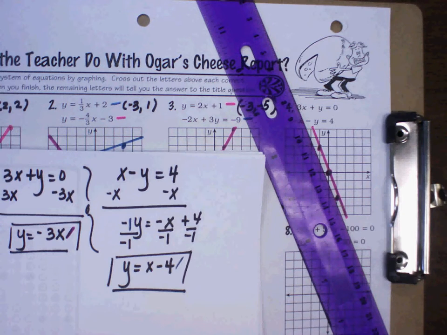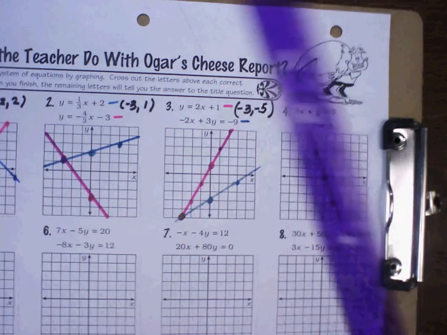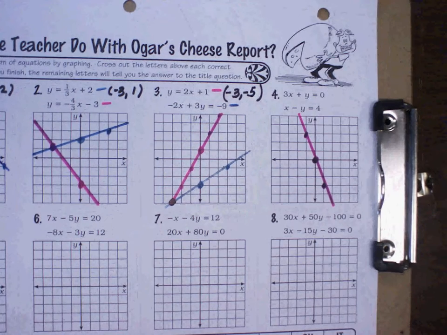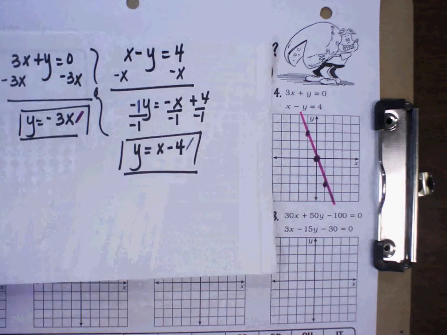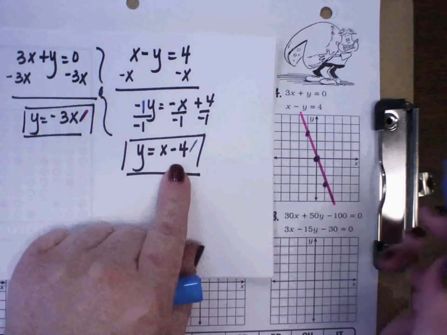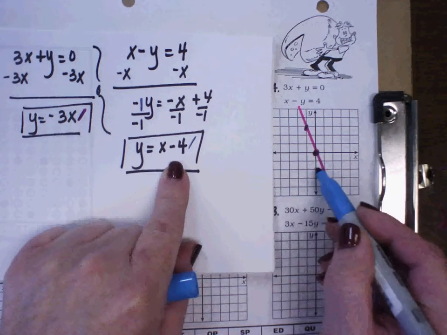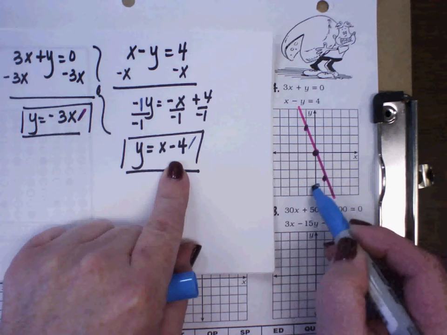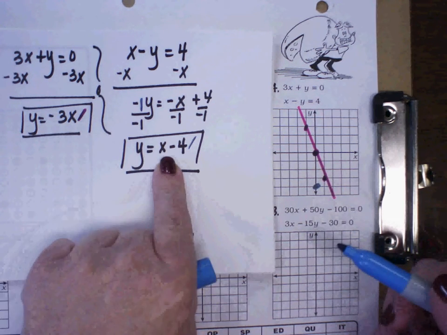All right, the next one. Where do we start? Negative 4. And then what's my slope? 1 over 1. So 1 over 1 to the side.